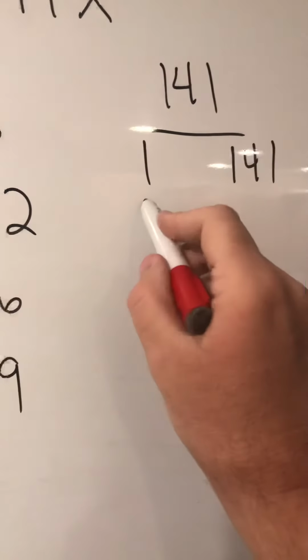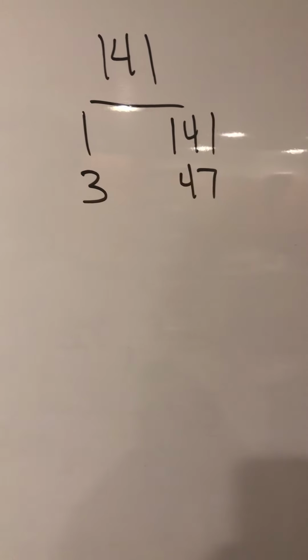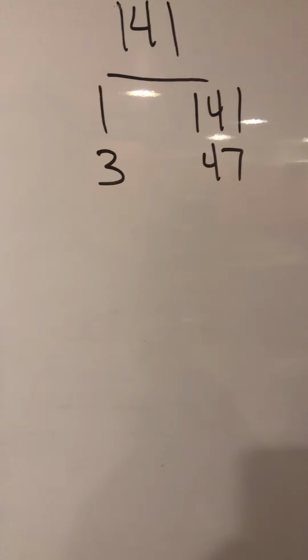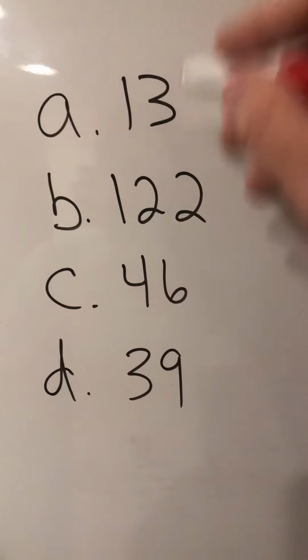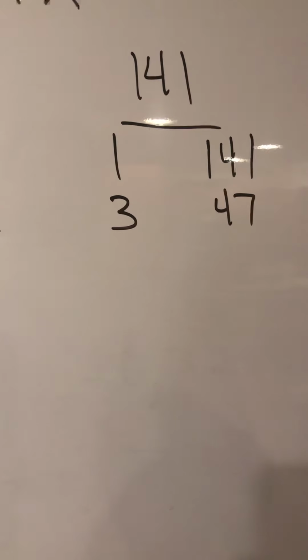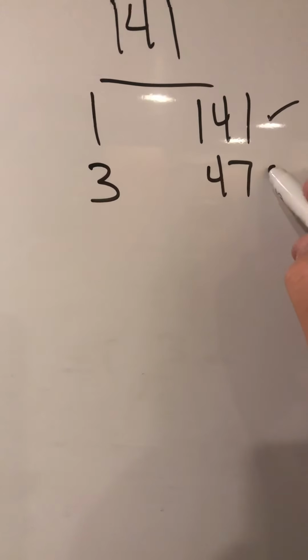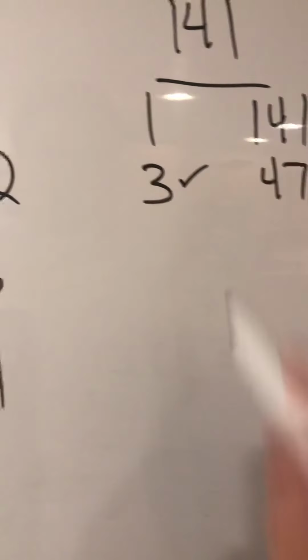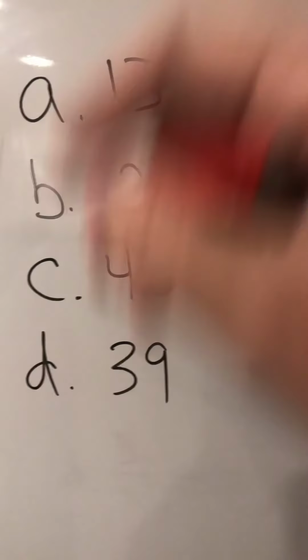And it is 3 times 47. And that's it. So when we look at these numbers over here on the left-hand side, our answers, we're looking for ones that have factors of either 141, 47, or 3. We don't worry about 1 because they all have a factor of 1.